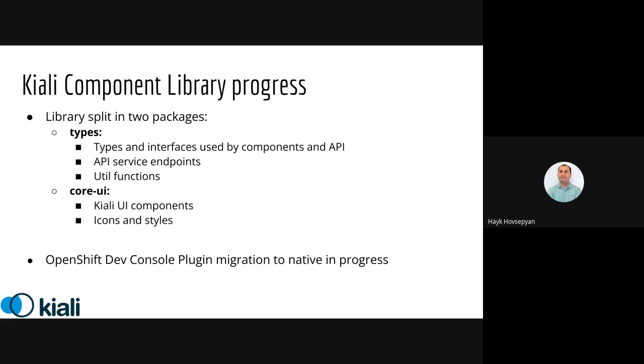Basically, they are split and made into a library, and these libraries will be used on the Kiali UI side as components, including icons and styles, as well as on the console plugin side for Kiali.